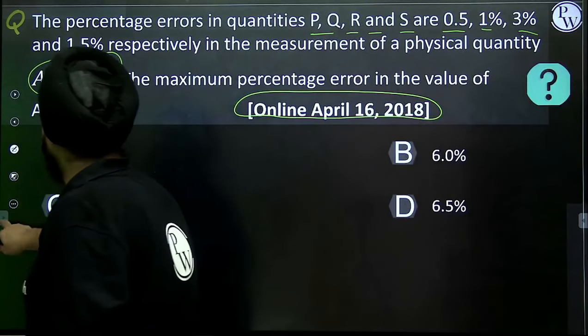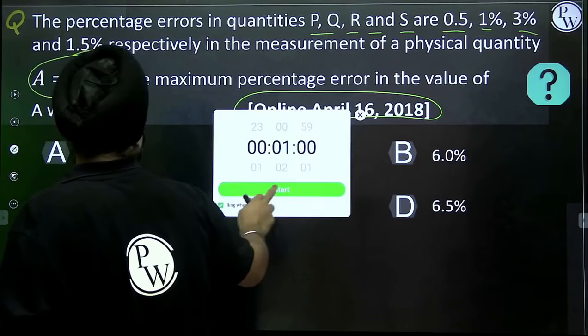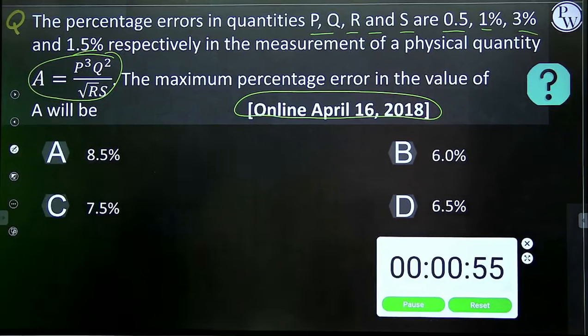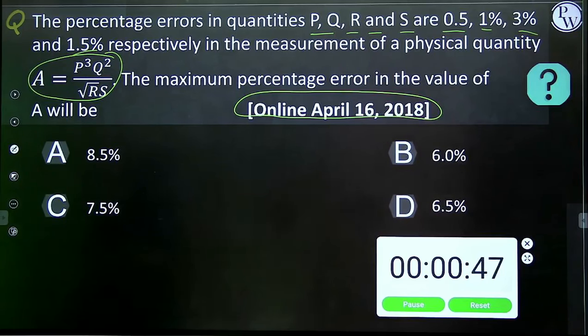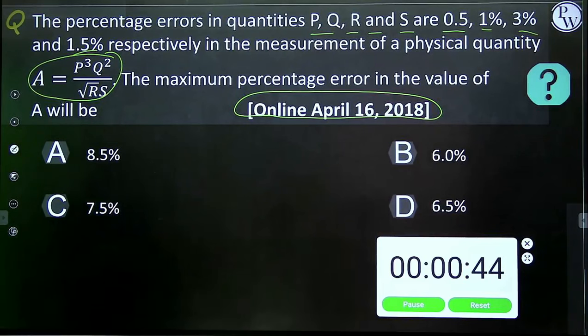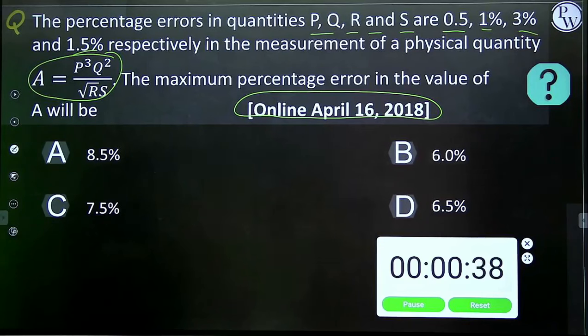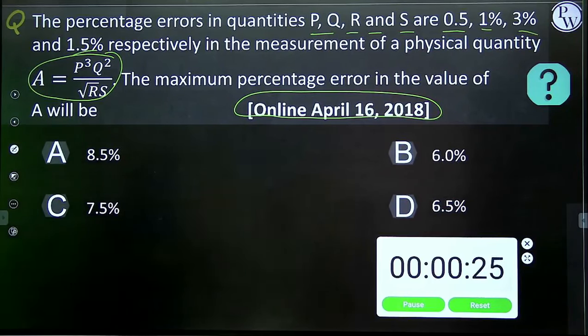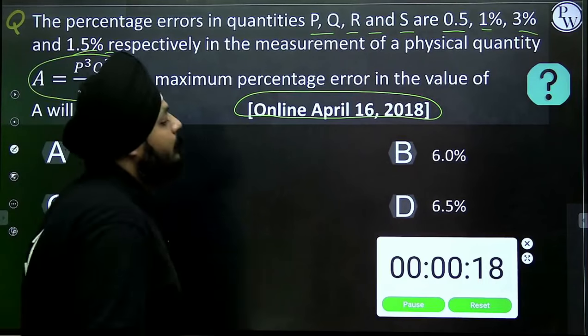Let's give you all a minute to solve this. Come on, everyone. Less than 20 seconds remaining.